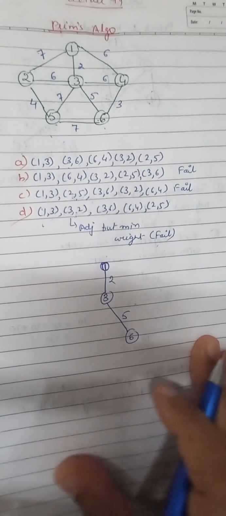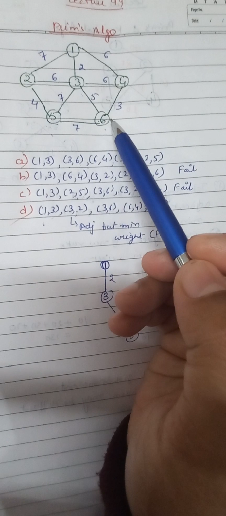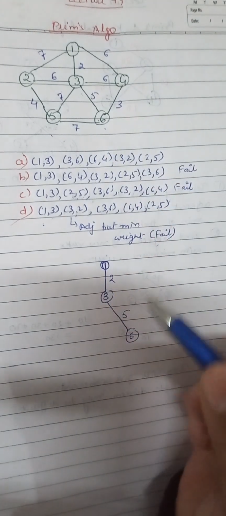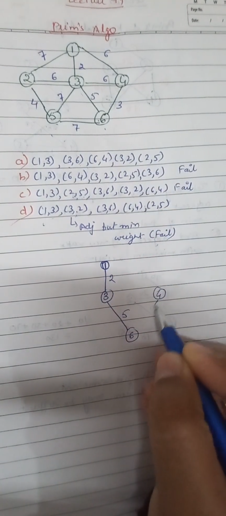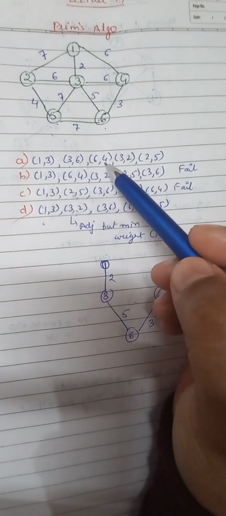The next adjacent is what? The next adjacent is minimum weight 3. So 6, 4. So till now it is correct.